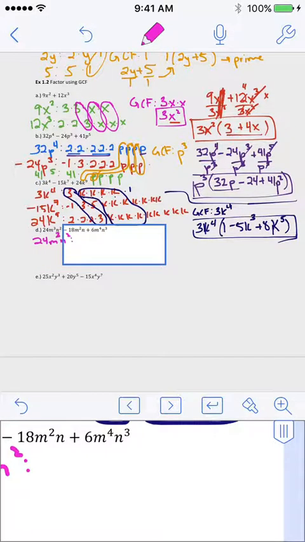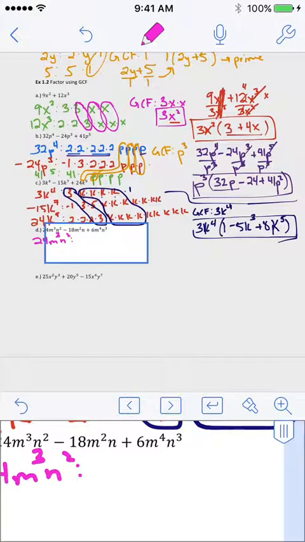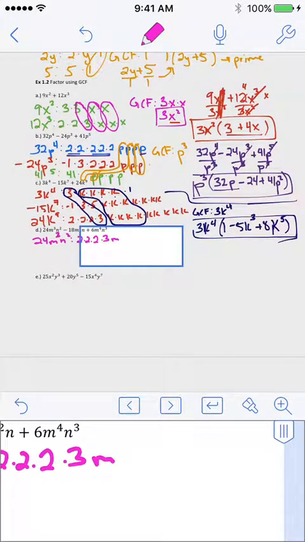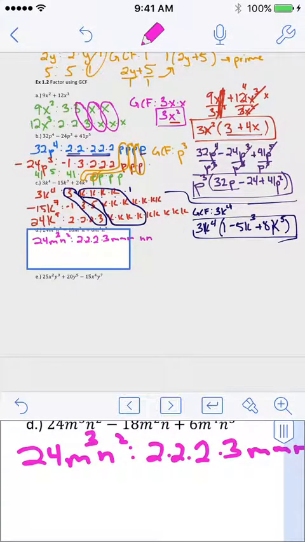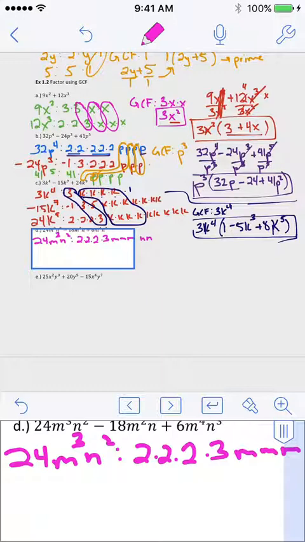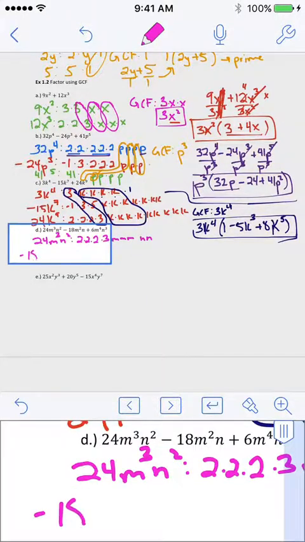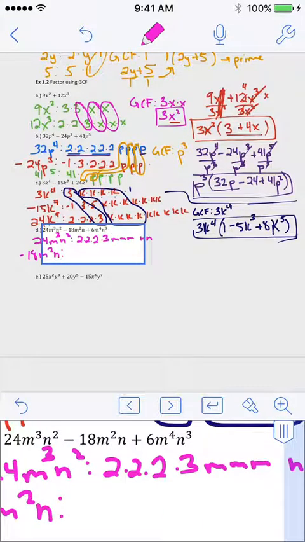That would be, well, we've broken down 24 a few times now, so 2 times 2 times 2 times 3. I have 3 m's and 2 n's. Then I've got negative 18m squared n. Well, negative 18 becomes positive by negative 1, right?